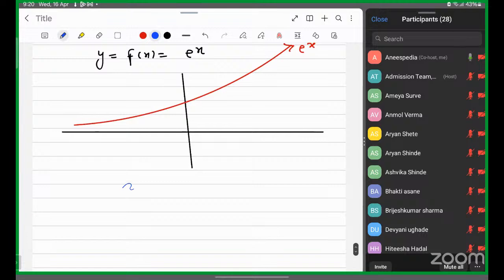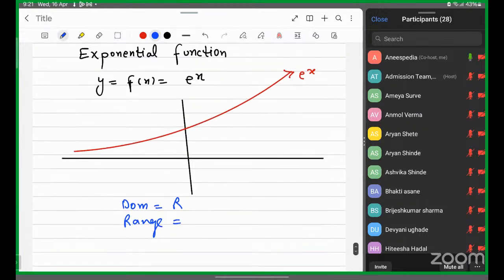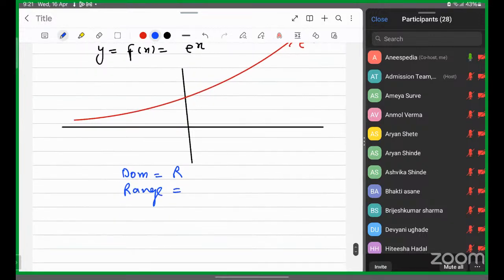Its domain will be all real values, and its range will be only positive values, and it cannot attain 0.